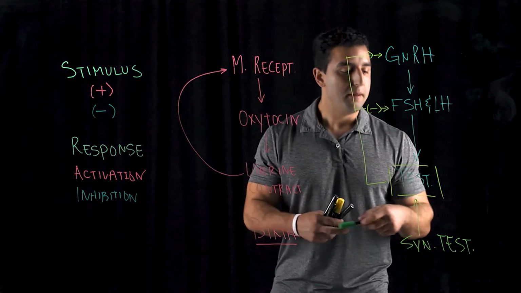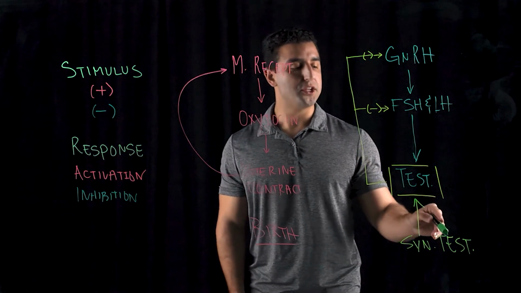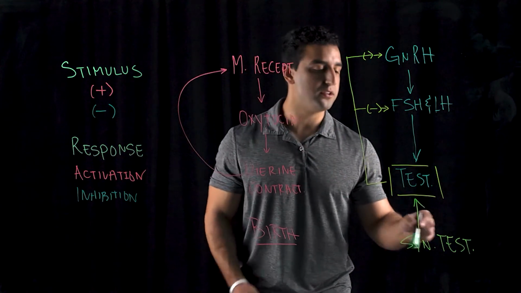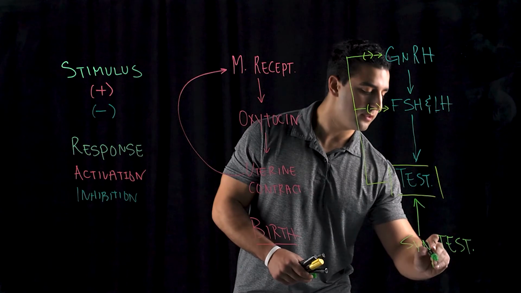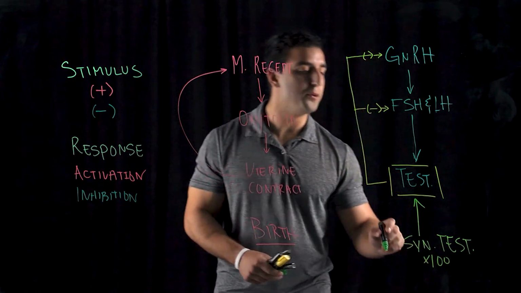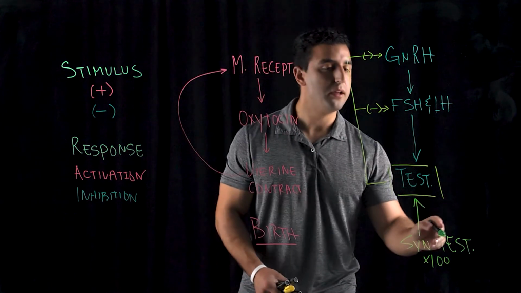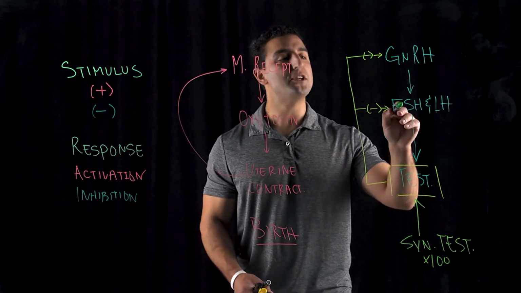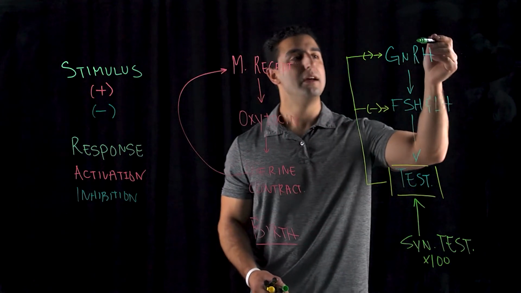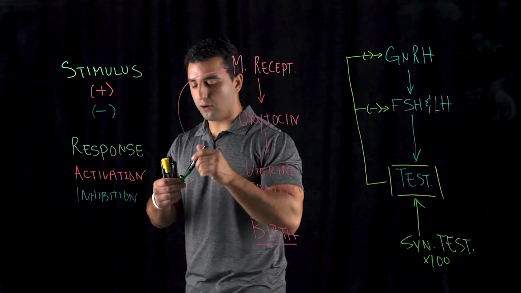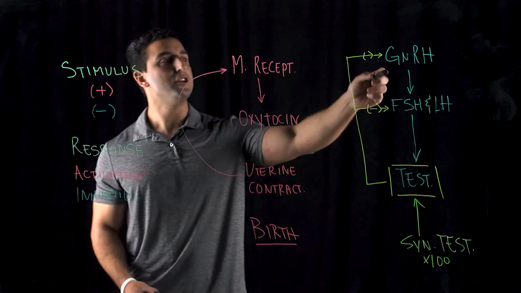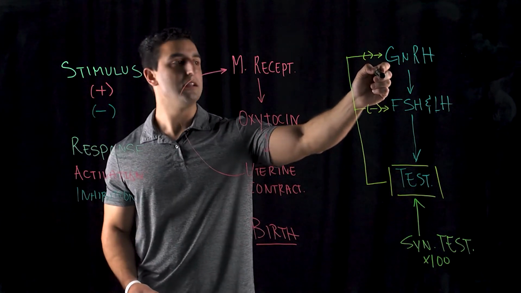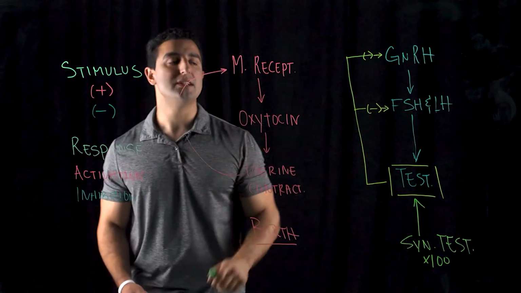But because of this high concentration of synthetic testosterone, let's put like 100 times the potency of regular testosterone, you have this inhibition of follicle stimulating hormone and GnRH. And if you remember from before, what is their function? The function is gamete production and development of secondary sex characteristics.